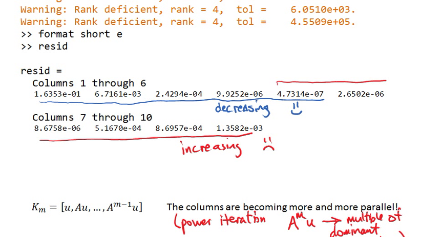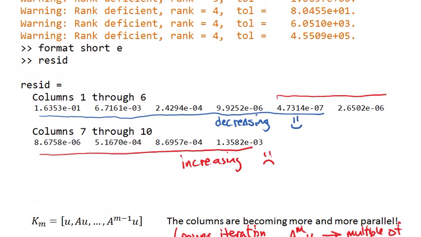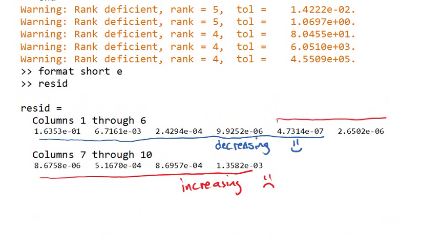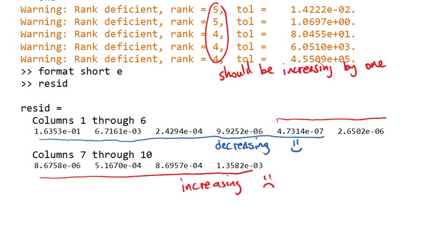And so as we get larger and larger, we just keep adding vectors that look more and more parallel, and so the rank should be growing, right? It should be increasing by 1. Mathematically, they do, but numerically, they don't. They're so close to being linearly dependent that the machine can't tell them apart.